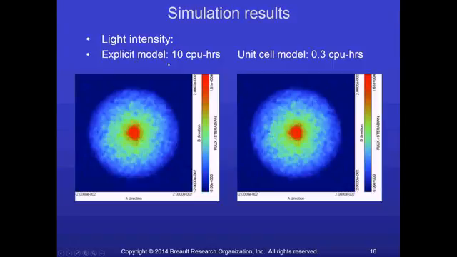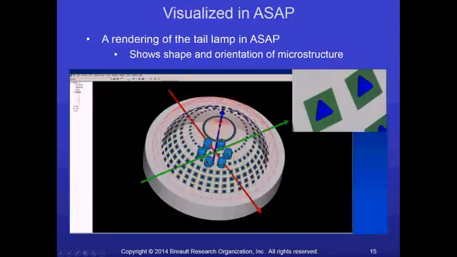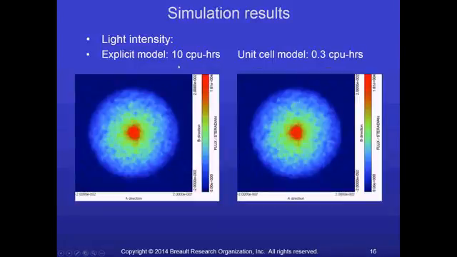However, when we use the explicit model, ray trace time alone was 10 CPU hours. And the unit cell model approach, however, was only 0.3 CPU hours. And again, obviously, the amount of time it requires to create a single model of the prism versus creating all of the individual prismatic structures is also a significant benefit that isn't really accounted for in this particular calculation.